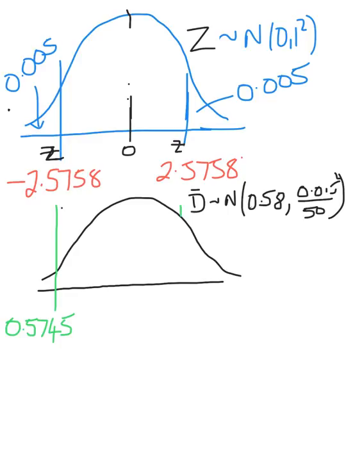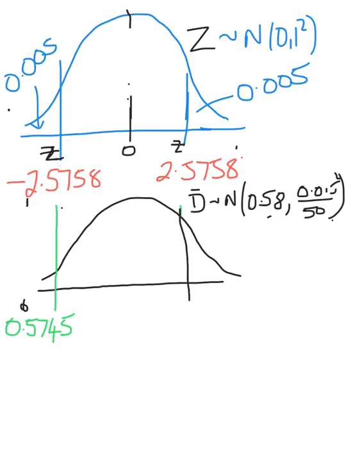Using the formula, I've subbed in my minus 2.5758 for my Z, and the mean of 0.58, and divided by the standard deviation 0.015 over root 50, which has given me my first value, 0.5745. I'm now going to do the same for the positive Z value, which I will sub into the formula, which will give me the upper limit.